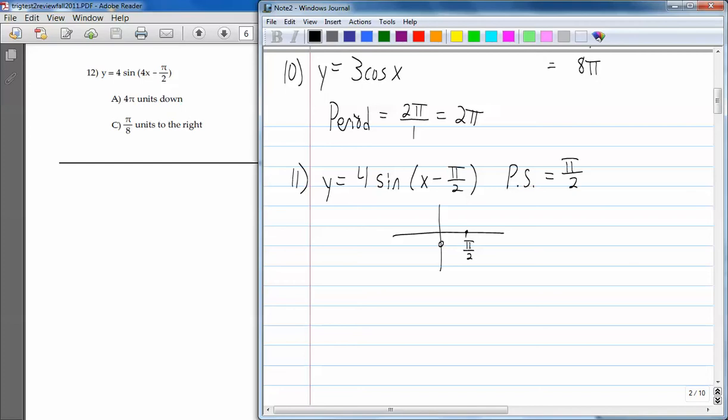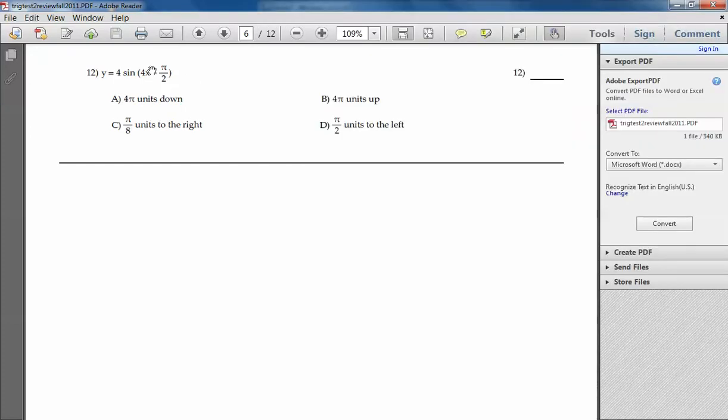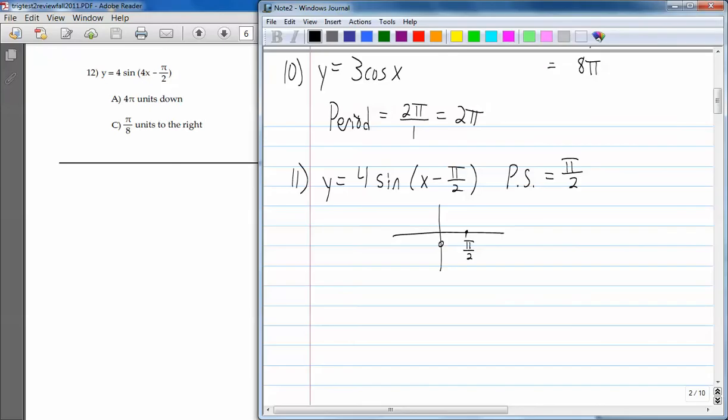Now let's look at number 12. The same directions, find the phase shift. You can see there's an omega there. There's a number in front of the x. So that's going to change things up just a little bit, because we have to factor that omega out to begin with. So we'll have y equals 4 sine of, now we need to factor this 4 that's in front of the x out.